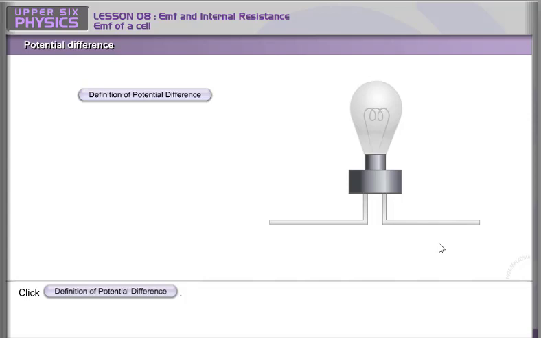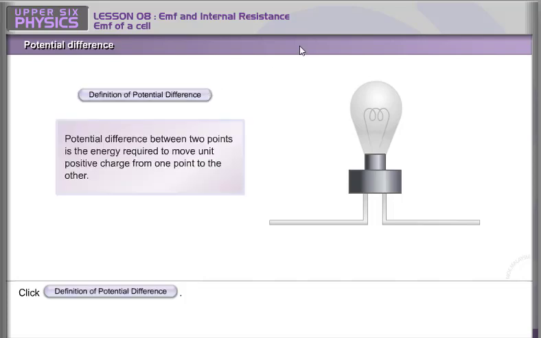If you notice just now, for EMF the unit is volt, right? So EMF is different from potential difference, although they share the same unit, volt. So what is the definition for potential difference?